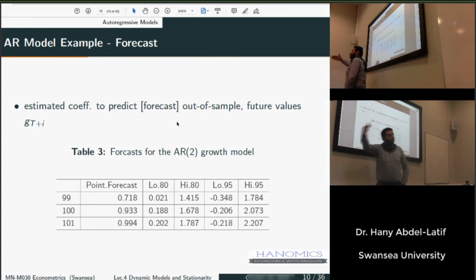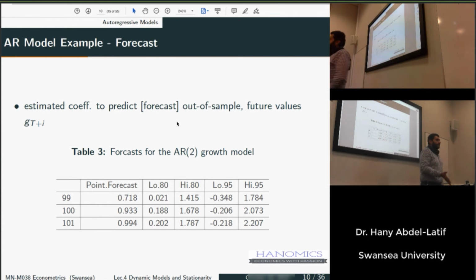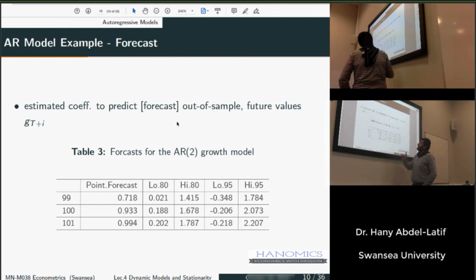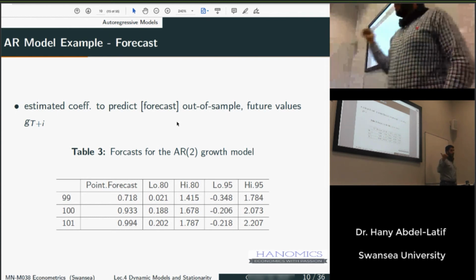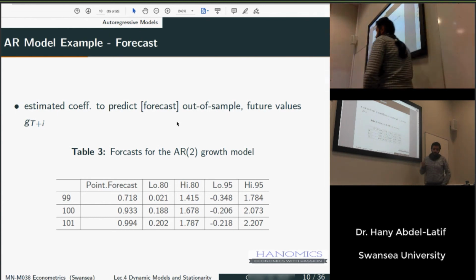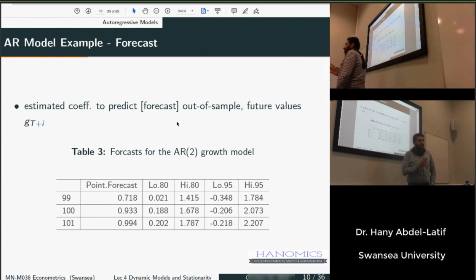So you can go out of sample. If your data end in 2000, then you can forecast for 2001, for the next period, etc. That's what we call the out-of-sample forecast. We will probably have a full lecture on economic forecasting, and we'll show different methods of how to do it.